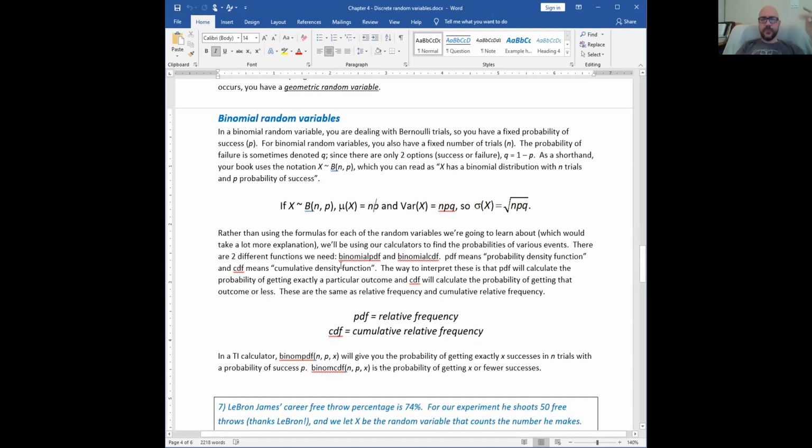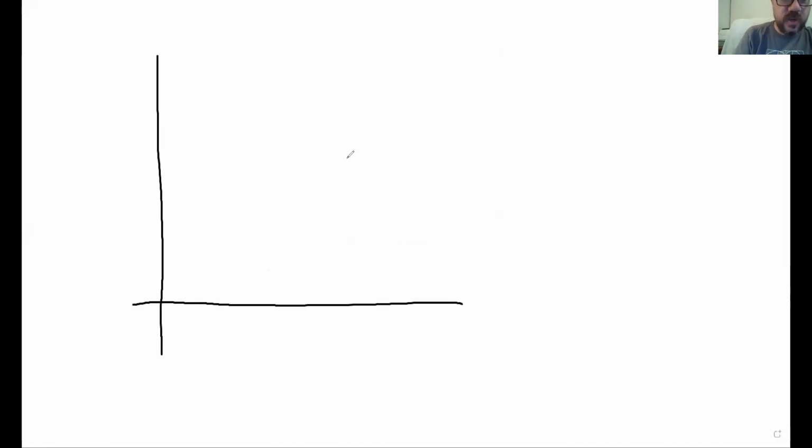So here's what we're going to be calculating. Let me very briefly sketch you a binomial distribution. Let me whiteboard this up here. Let's say we're doing 3 trials. So we could get an outcome of 0 or 1 or 2 or 3. This is probability.